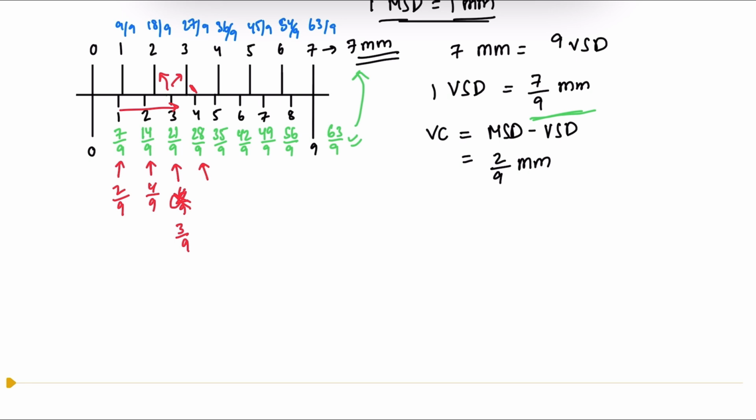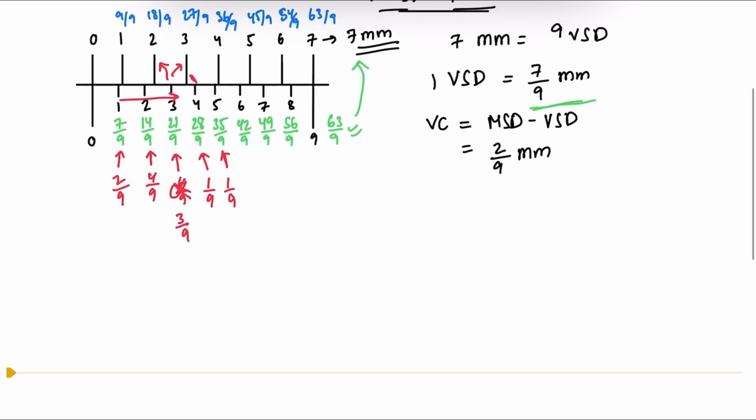Now, let's continue. 28/9 and 27/9, that would be 1/9. This is 35/9 and 36/9, that's 1/9. 42/9 and 45/9, or 36/9. Which one seems the least?